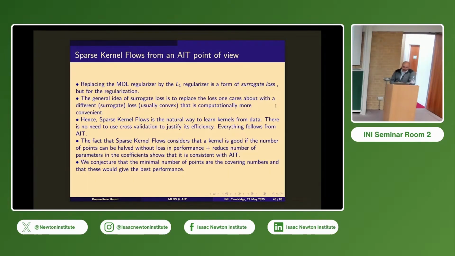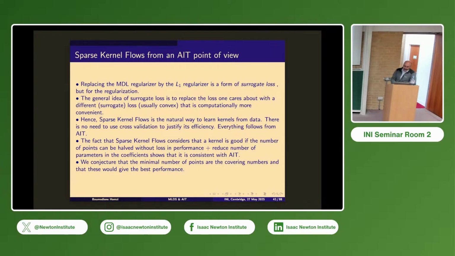What we proved is that the sparse kernel approach is the natural way to learn kernels from data. There is no need to use cross-validation to justify its efficiency, and everything follows from AIT. We didn't follow the statistical route; we used a different way, the AIT way, where we didn't even use cross-validation to prove the results. The compression comes naturally from arguments that follow directly from AIT.